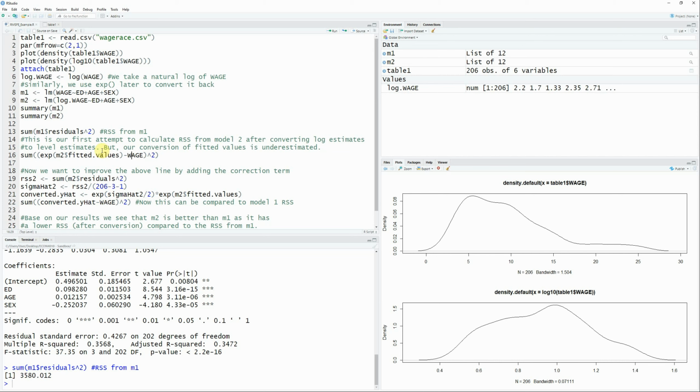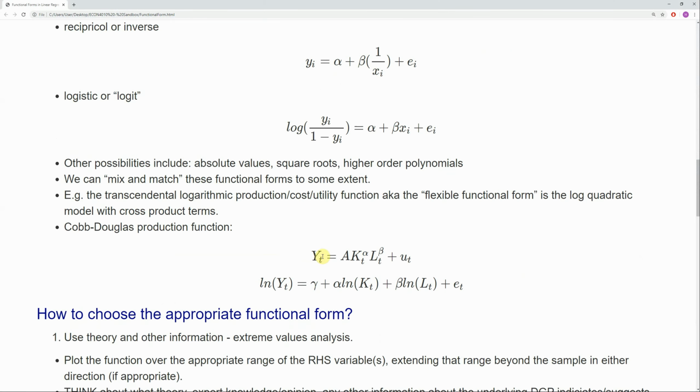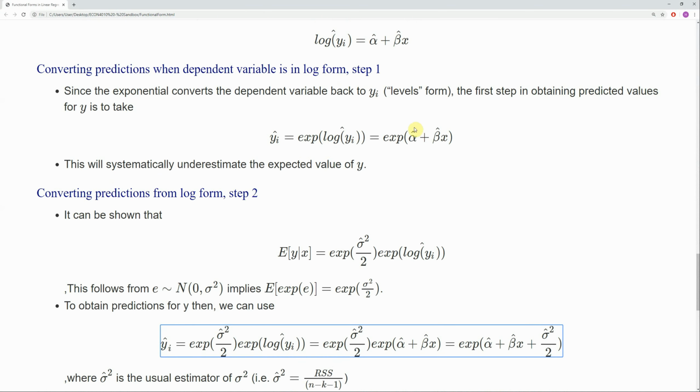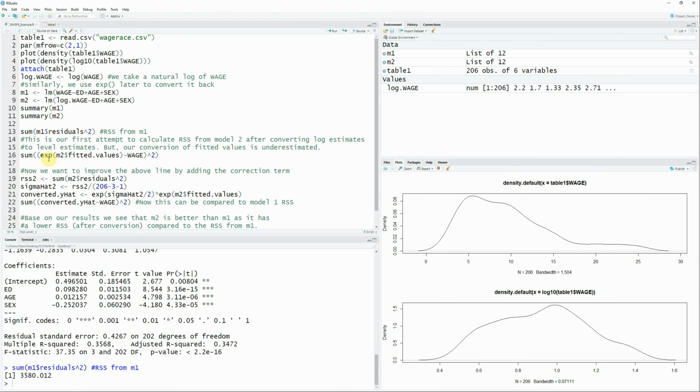Now in model 2, I can just do the wrong thing first, that is, not applying the correction term, and just take the exponential of the log of y_i hat, that is, the exponential of m2 fitted values minus wage, to the power of 2.